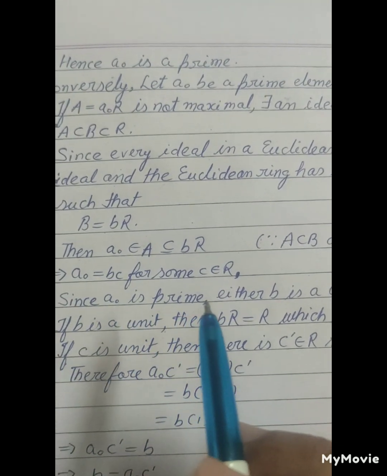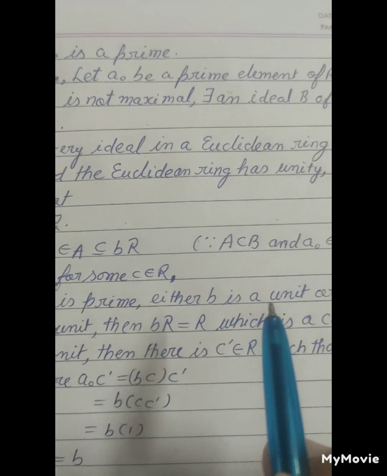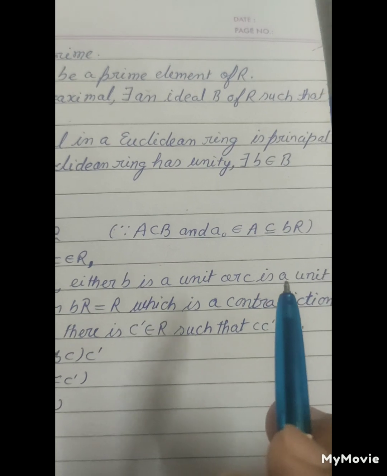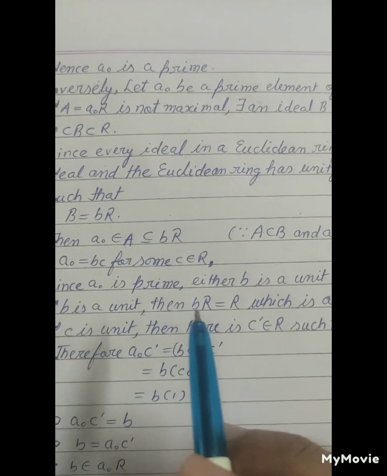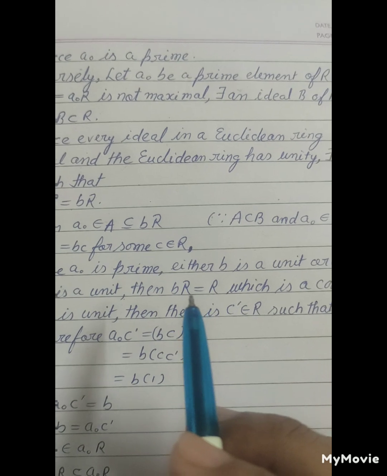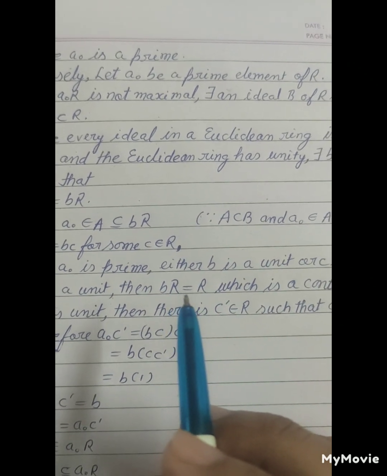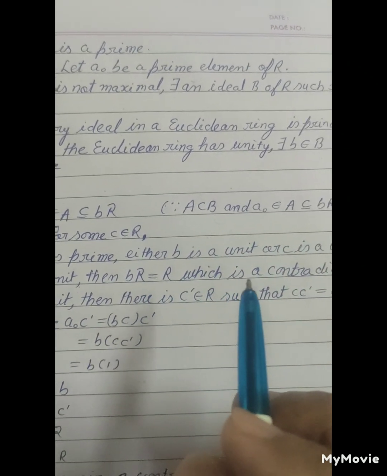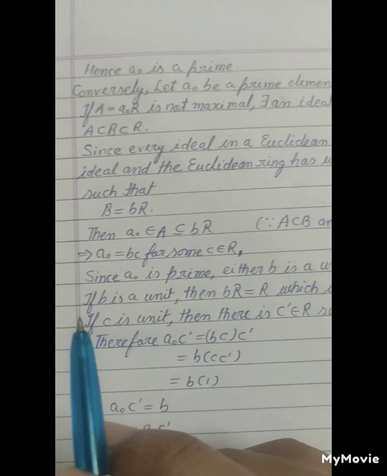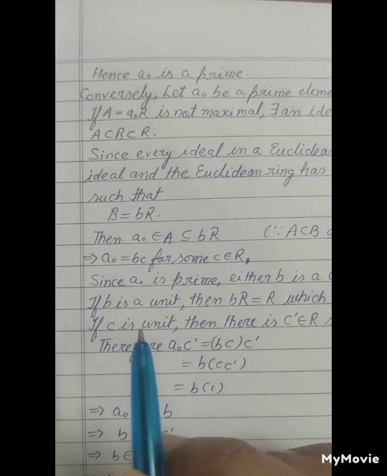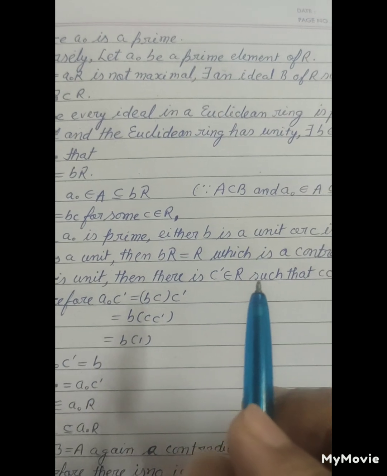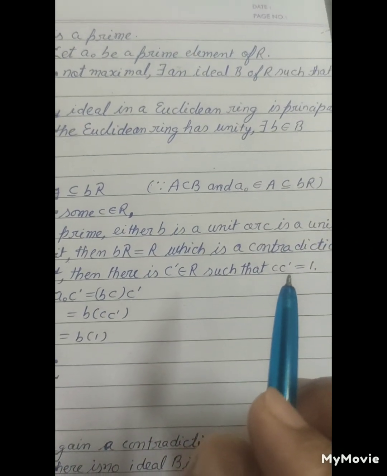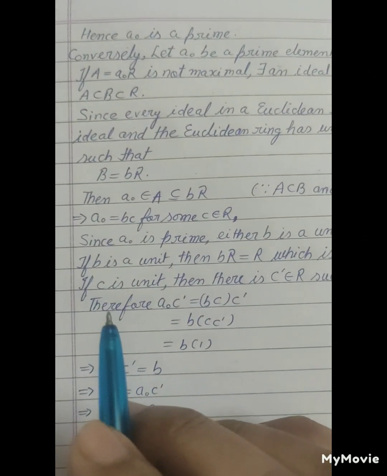Since a0 is a prime, either b is a unit or c is a unit. If b is a unit, then 1 belongs to bR, so bR equals R, a contradiction. If c is a unit, then there is a c' belongs to R such that cc' equals 1.